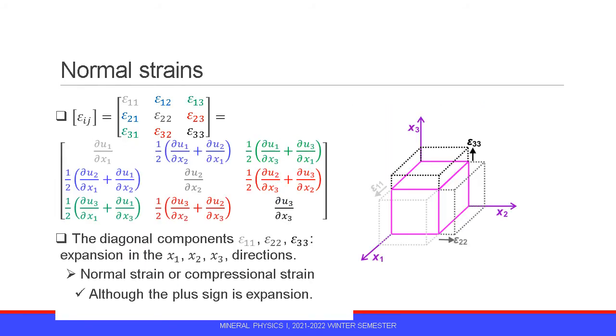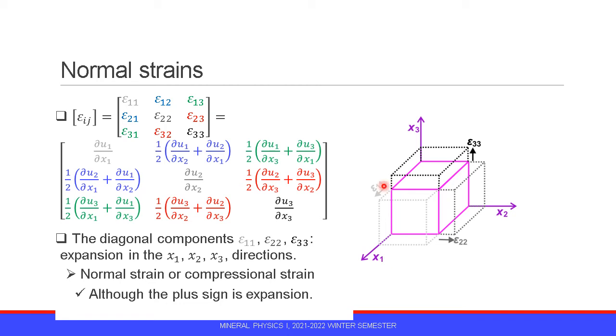Among the strain tensor components, the diagonal components epsilon 11, epsilon 22, epsilon 33 express the expansion or contraction of the body. Let us see this illustration. This is x1 direction, x2 direction, x3 direction.